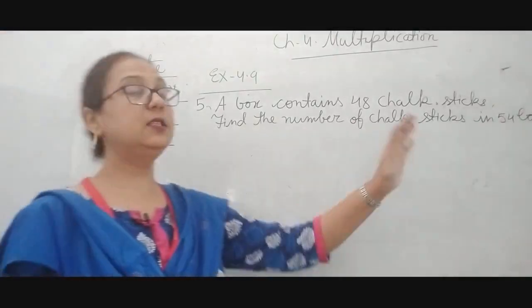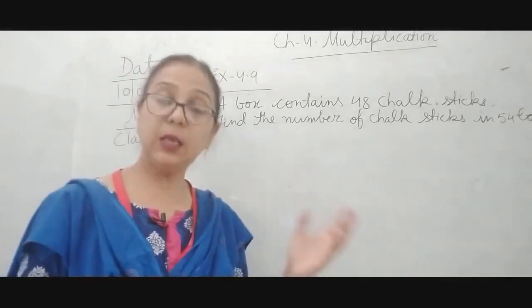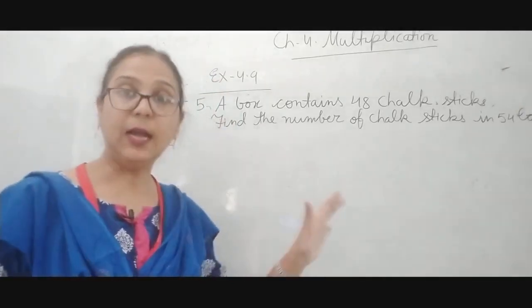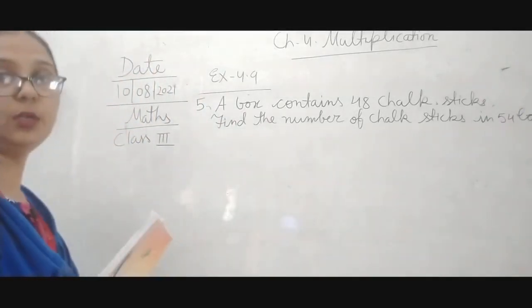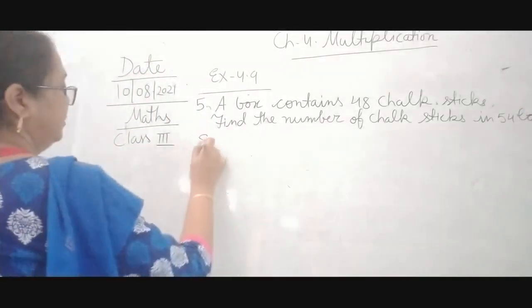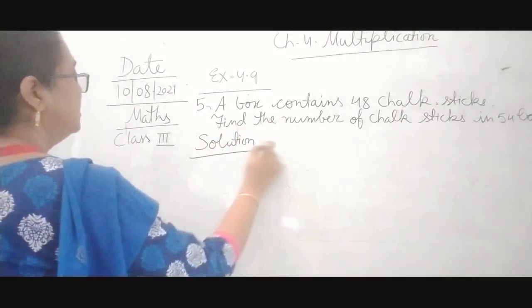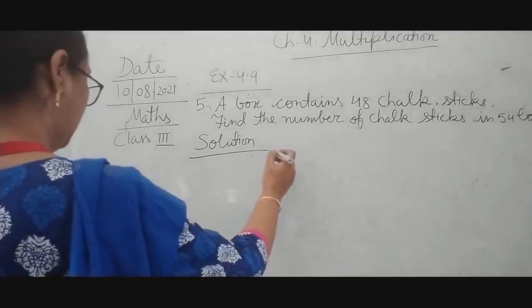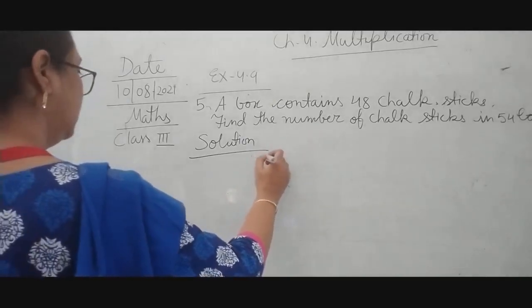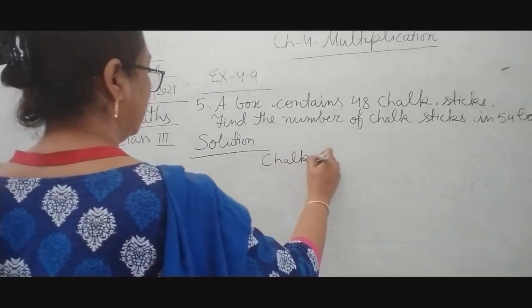We have to find the number of chalk sticks in 54 boxes. How many chalks will be there in 54 boxes, that we are going to find out. So children, let's write the solution first. Solution we will write first. Now here, chalk sticks.